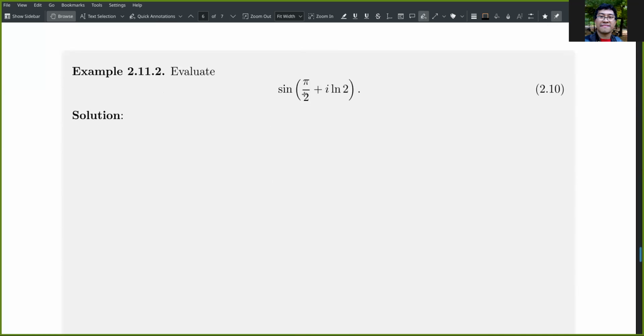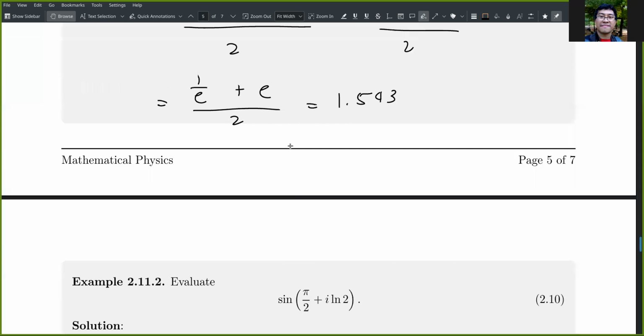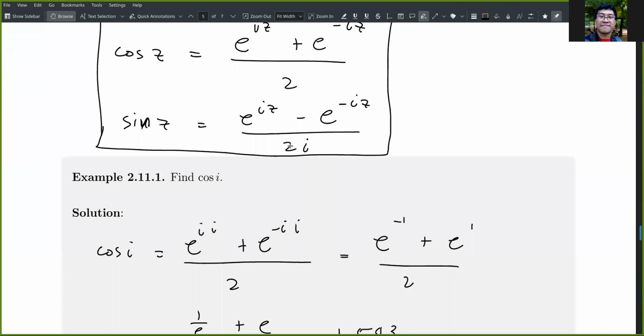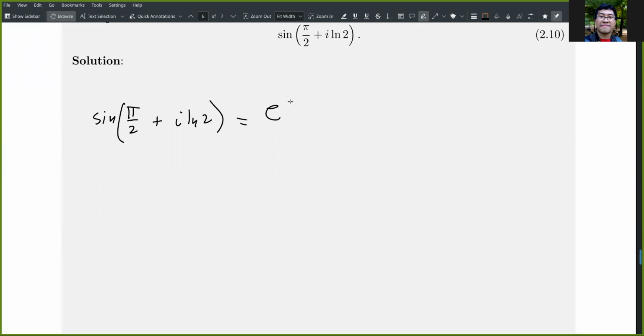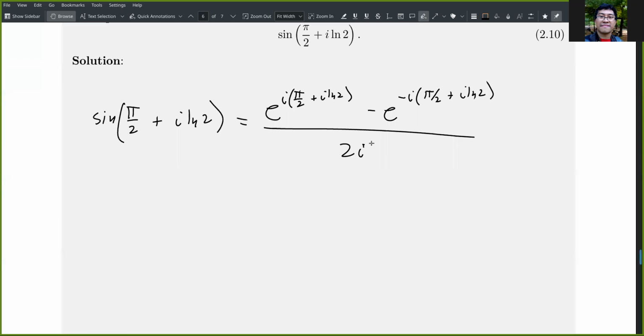Another example, evaluate sine of π over 2 plus i ln 2. So sine of π over 2 plus i ln 2, definition of sine is over here, e^(iz) minus e^(-iz) over 2i. So that's e^(i(π/2 + i ln 2)) minus e^(-i(π/2 + i ln 2)) divided by 2i.